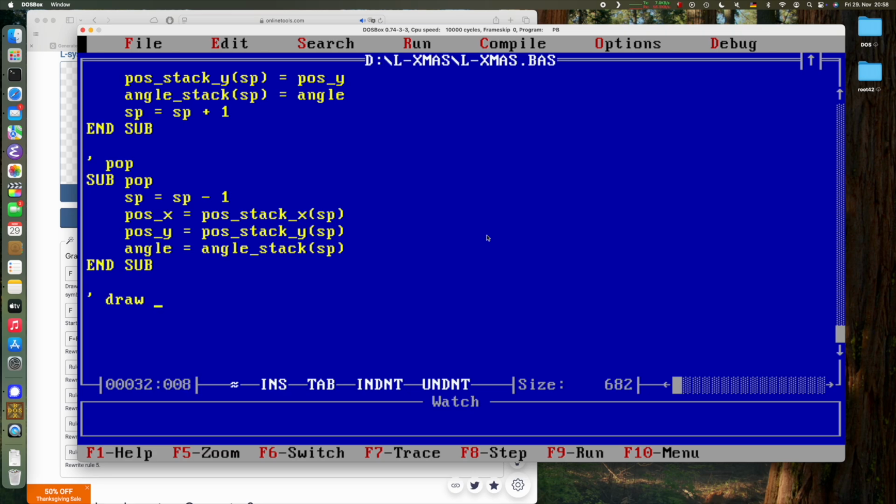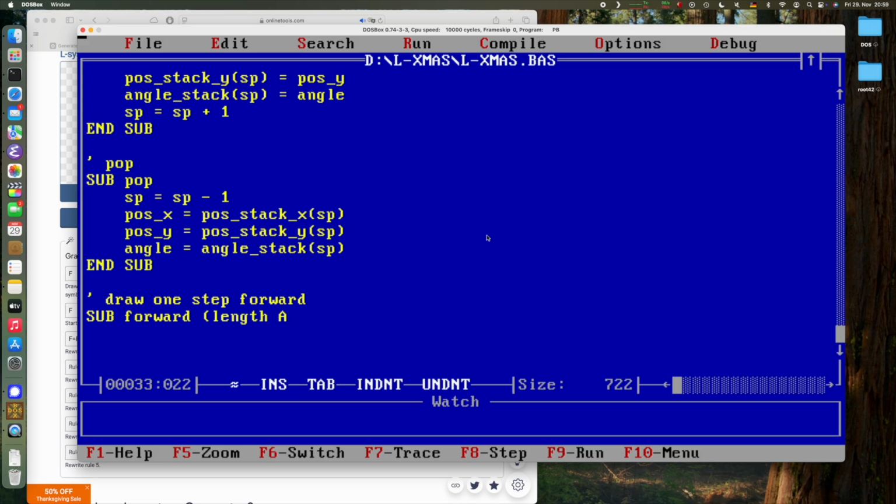Then we have the function that actually draws something. Draw one step forward. That one didn't change much, except with the push and pop I needed to actually take care of the coordinates explicitly, which we didn't do before.